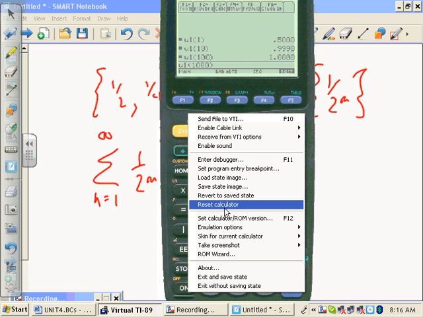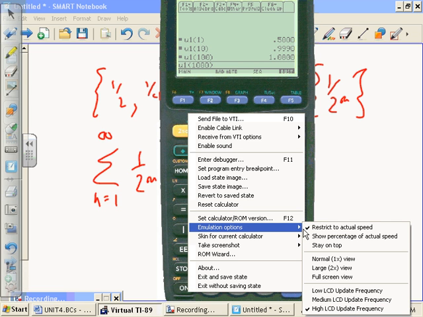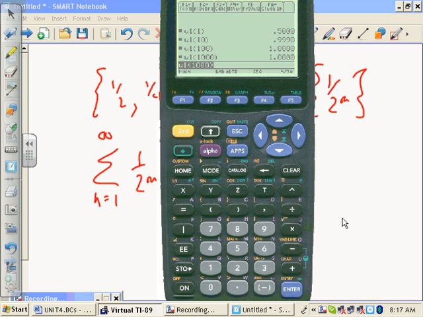Where am I? I want to put it at my dual core speed, not at the emulator speed. Oh, restrict. There it goes. Ta-da! That's ludicrous speed. In other words, it was emulating the TI-89 speed.